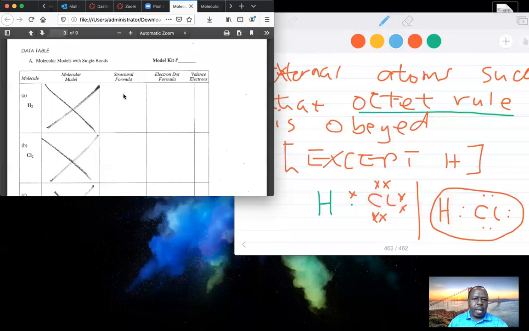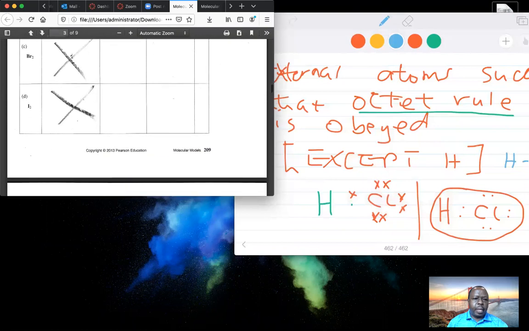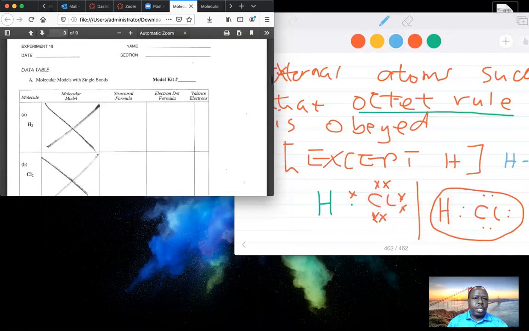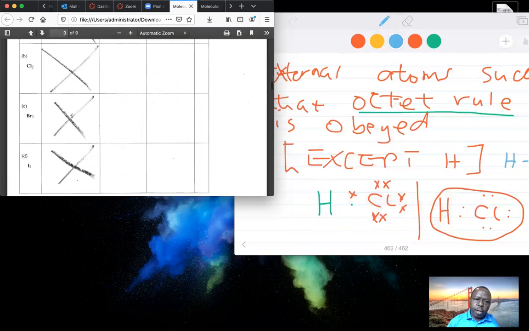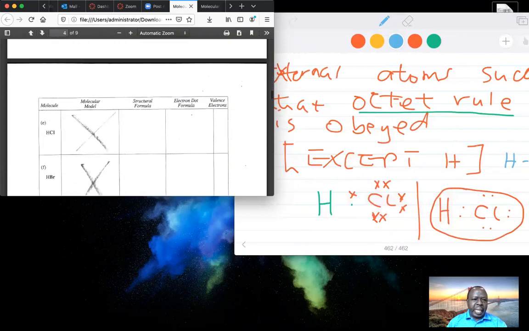Here you only show the connection. So it's just going to be like that in this column. That's what you will do for this part. This is part A, right? Molecular model. The diatomic molecule should be easier.